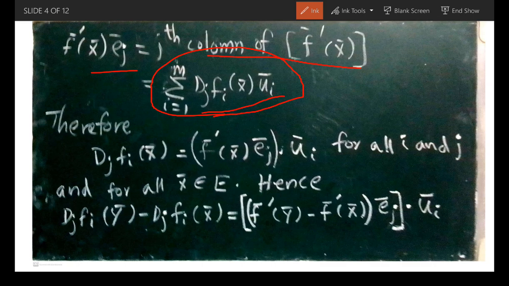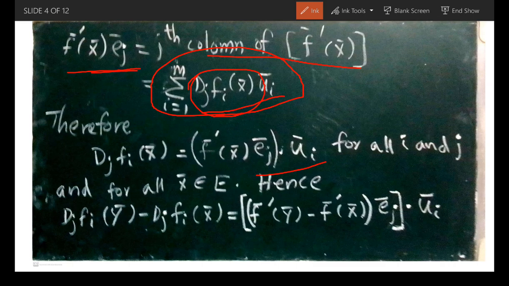Now I want to obtain the ith coordinate of f'(x) ej. So what is the ith coordinate? How to get it? Take inner product with ui. If you are given a vector and you want to get its ith coordinate, what you have to do? Take inner product with ui. That's what we have observed.